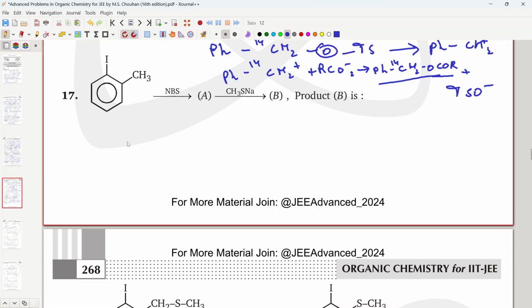Now for question number 17. Step 1. Start the compound with NBS. NBS performs the benzylic bromination, not ring bromination.